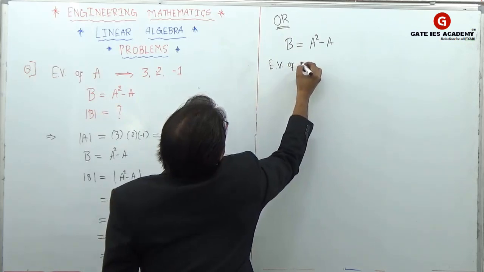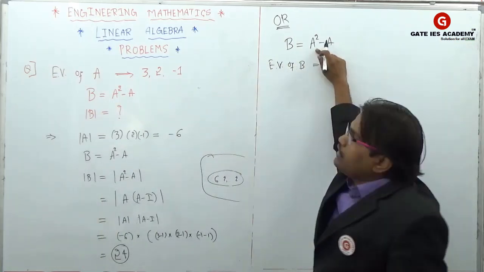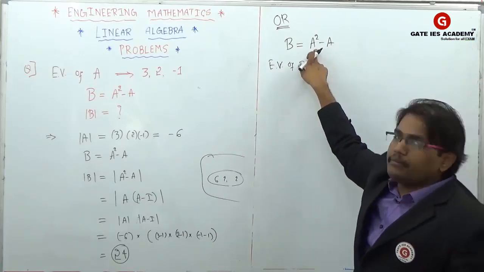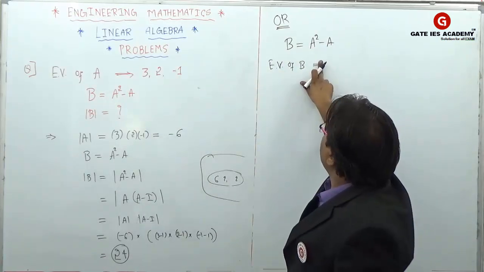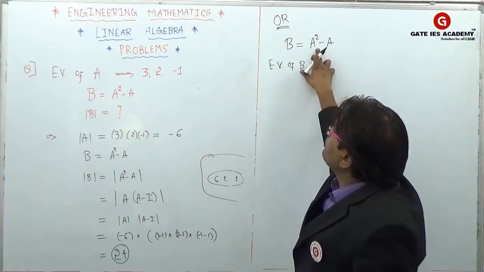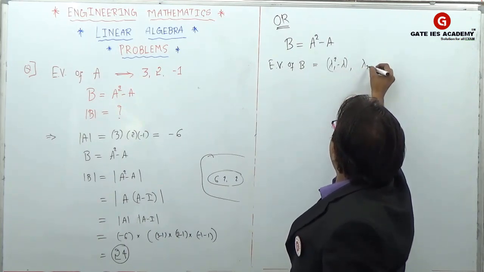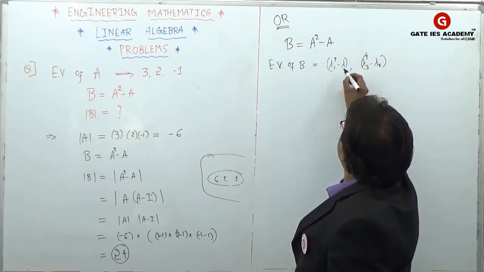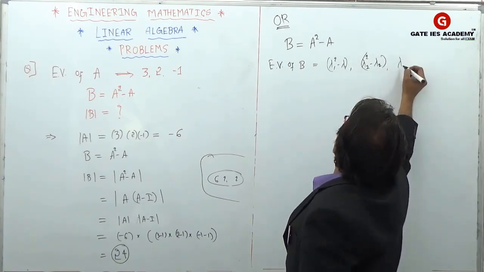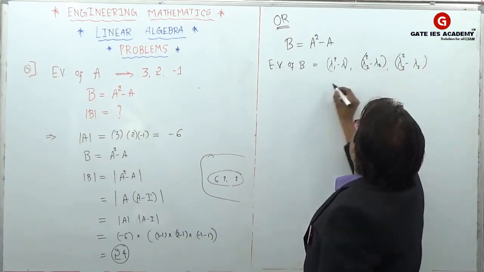A square minus A means lambda square minus lambda. So the eigenvalues of B are lambda 1 square minus lambda 1, lambda 2 square minus lambda 2, lambda 3 square minus lambda 3.